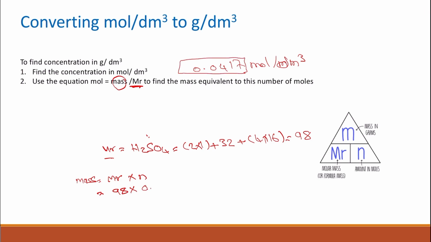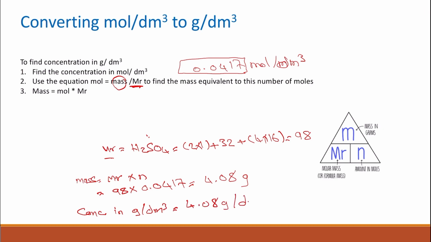So we put in 0.0417, and that will give you 4.08 gram. So this is how many grams we actually have in 1 decimeter cubed. So the concentration in gram per decimeter cubed will equal 4.08 gram per decimeter cubed.